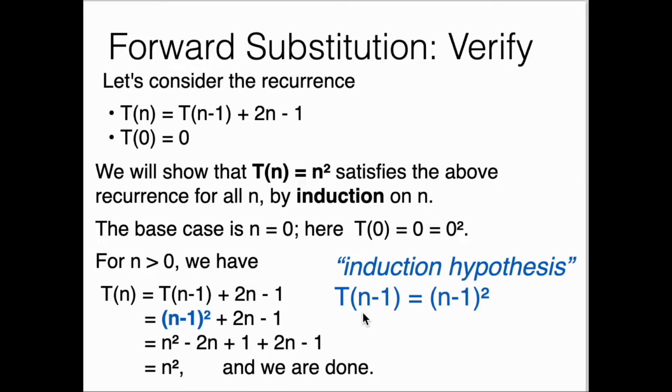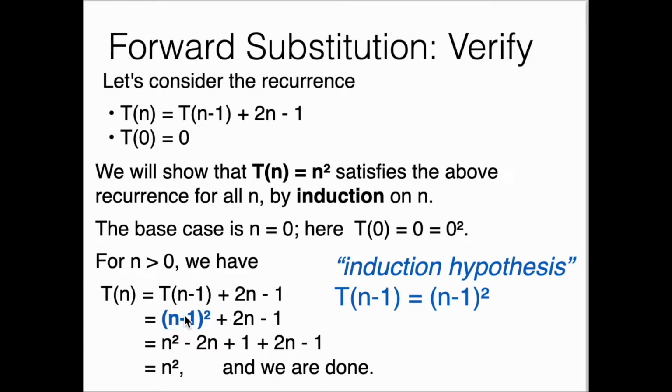We can do this by performing the following operation. We have T of n equal to this one, which is the original recurrence formula. Since we have this induction hypothesis, we can simply replace T of n minus 1 by our guess.